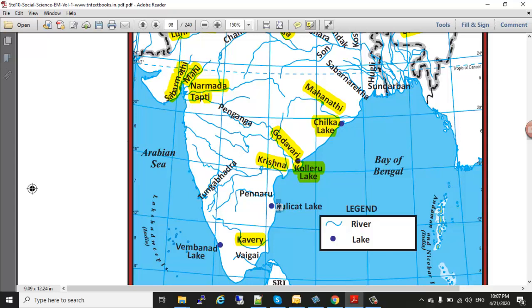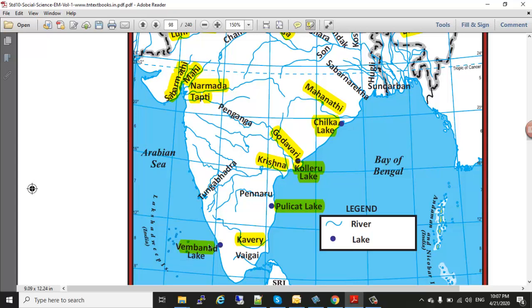And you have Pulicat Lake here, and this is the demarcation between Andhra and Tamil Nadu. It is central, between Andhra and Tamil Nadu, Pulicat Lake. If you look at the map, there is a small kind of bend. At that place mark Pulicat Lake. And here you have Vembanad Lake. It's the largest lagoon.